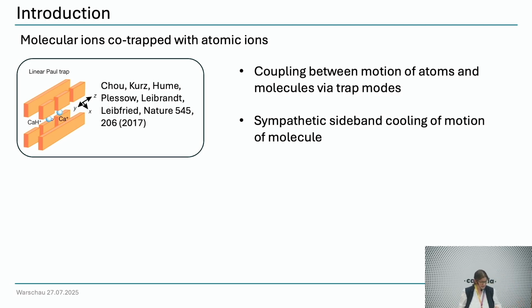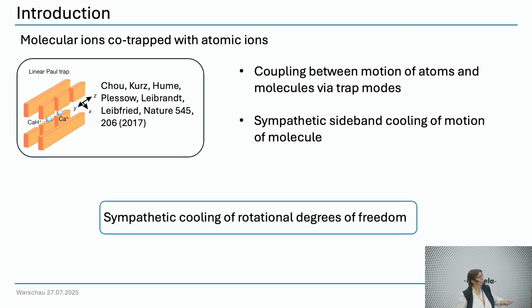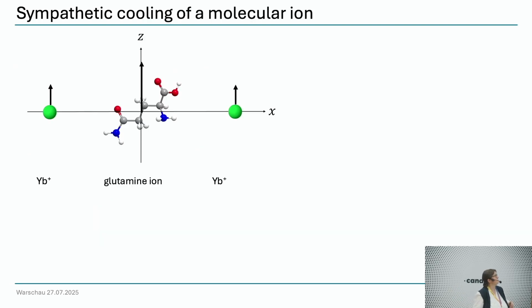And what we propose is to use this setup to also cool the rotational degrees of freedom. That is, to find a way to couple the rotational degrees of freedom of the molecule to the trap motion. And as theorists, we can be bold and put something rather large in the trap.